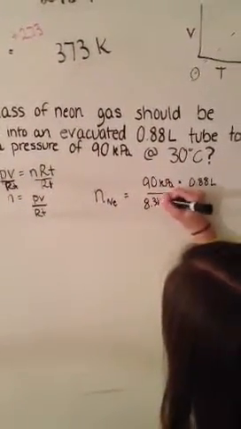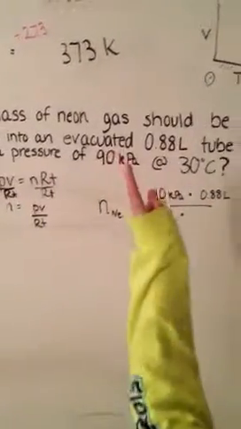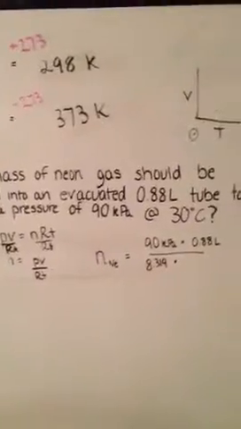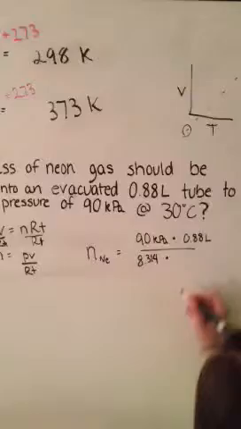So, 8.314. And, as I mentioned, we can't use Celsius. We have to convert this first to Kelvin. So all we do is add 273.